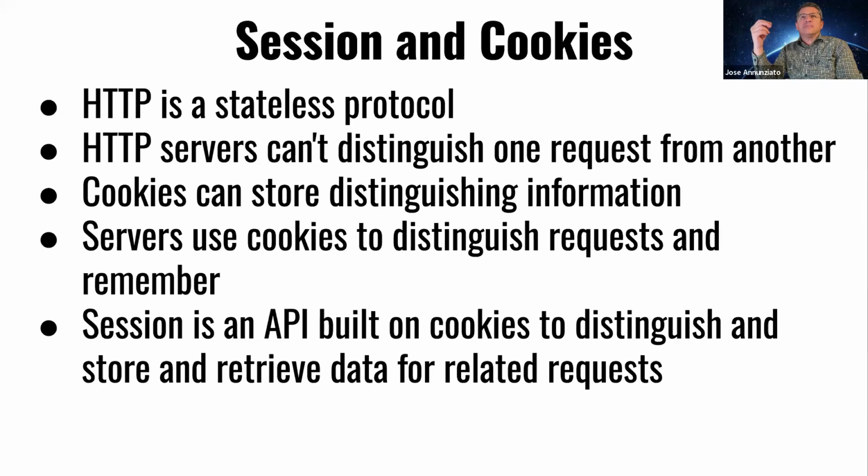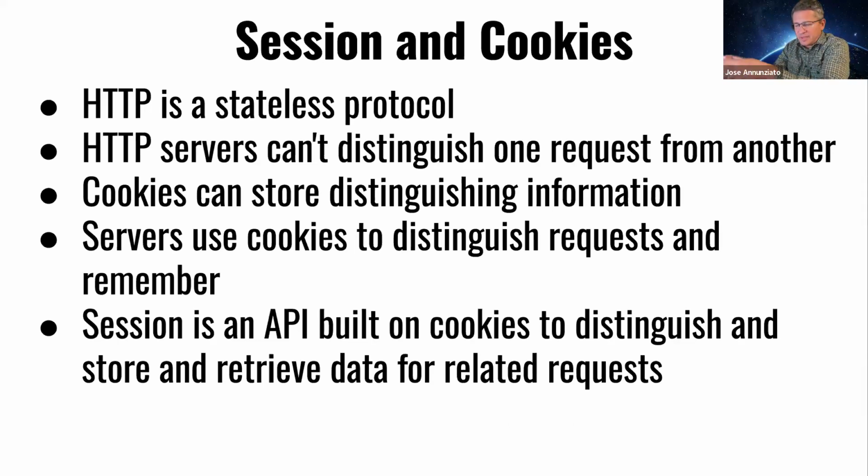And the problem is that as we've implemented more and more complex applications, sometimes we do need to distinguish one browser versus another. For instance, if you have one server implementing a shopping cart for a store, and you have multiple users, each person having their own shopping cart, all that data is being stored in the server.